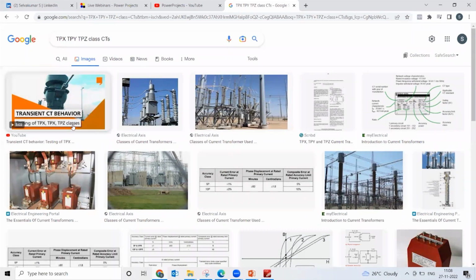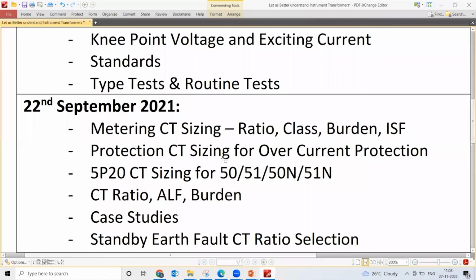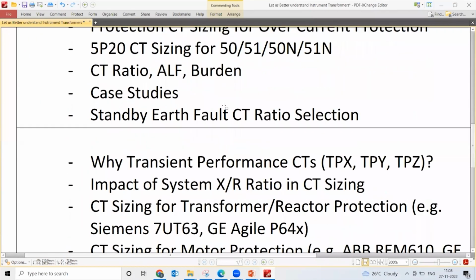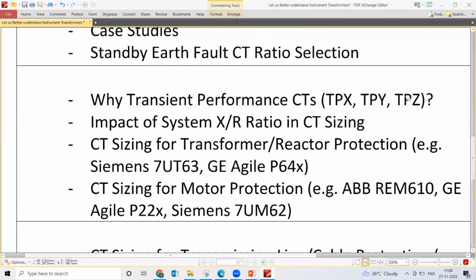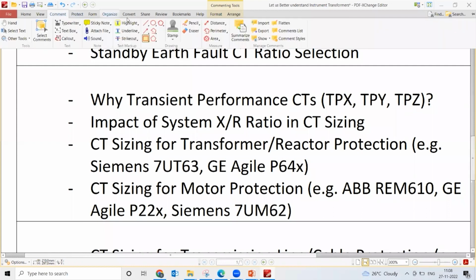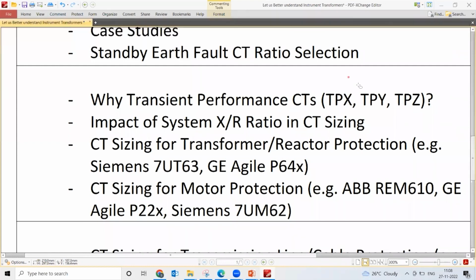TPZ is needed for high capacity generator differential protections. TPZ, let me check, yeah, TPZ has wide transient performance. When you have distance protection with auto recloser, you may need to think of TPY CTs.